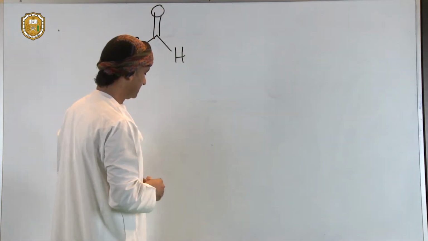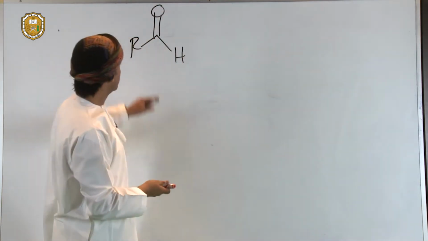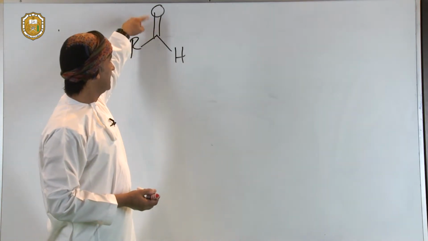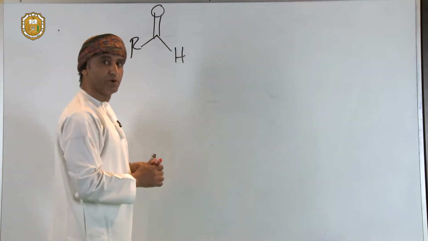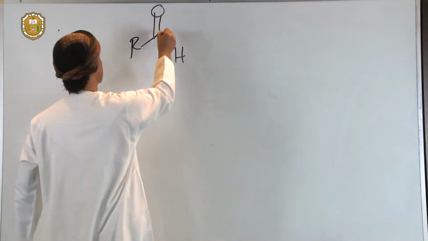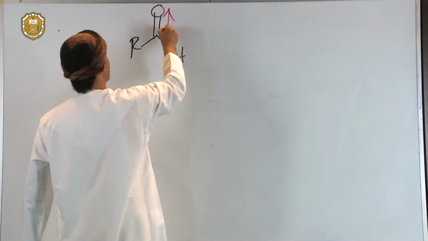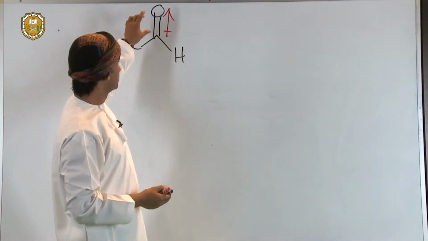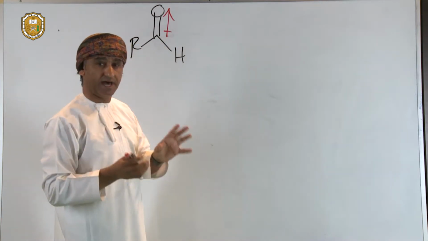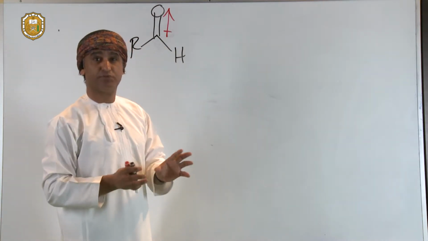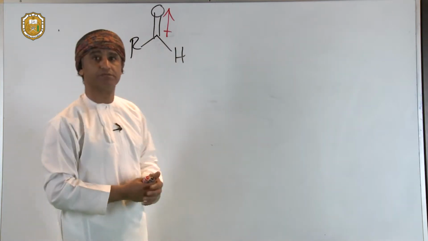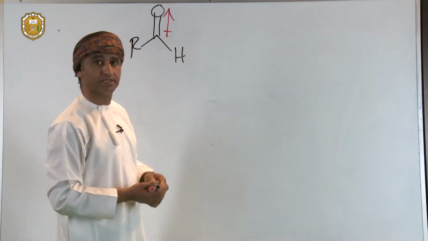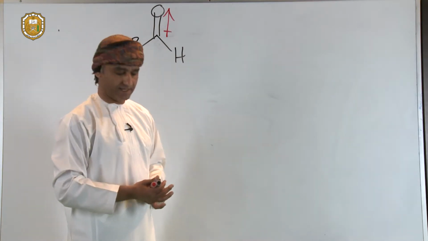of aldehydes. Now, if you look carefully at this carbon-oxygen double bond, oxygen is more electronegative than carbon, which pulls electrons toward itself in this chemical bond. So we can denote this difference in electronegativity between oxygen and carbon, the unequal shift of electrons, the polarity of this carbon-oxygen bond, or polarization, by this conventional arrow, or using the delta notation.